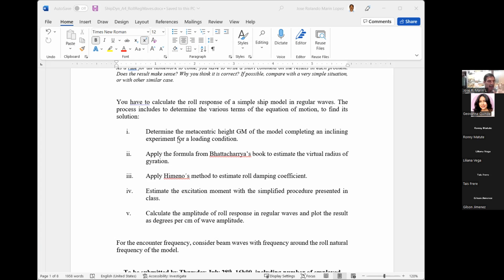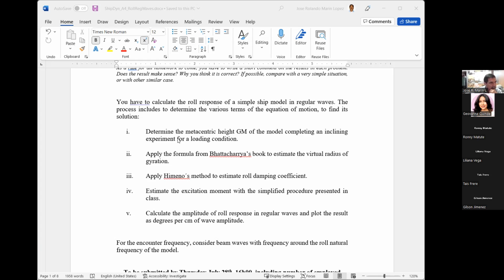Do you remember the relation to obtain the GM from an inclining experiment? I don't remember. The transversal inertia over the volume. No. GM after an inclining experiment.